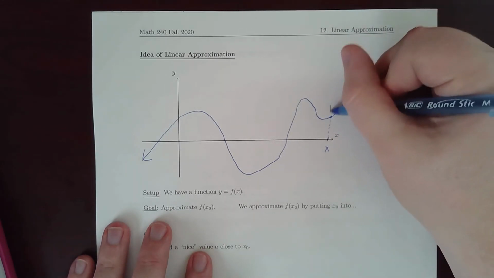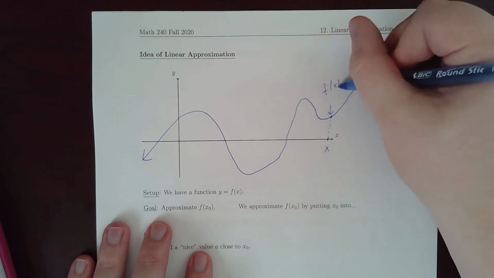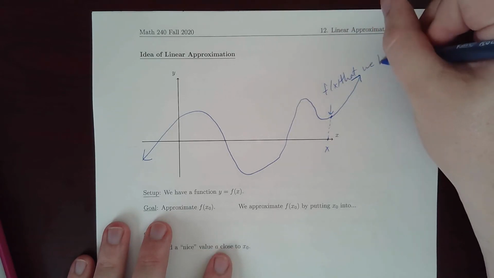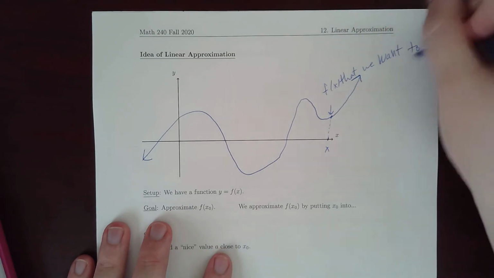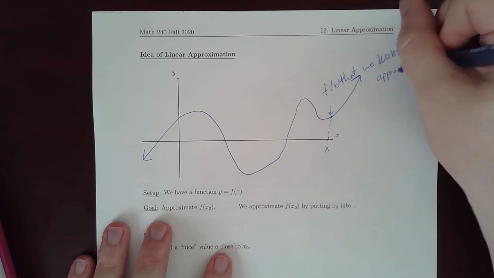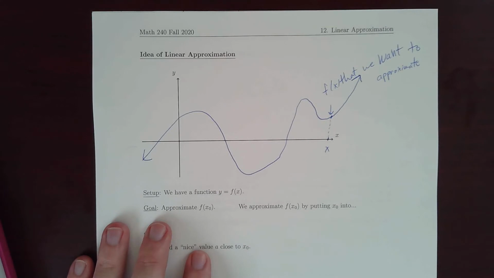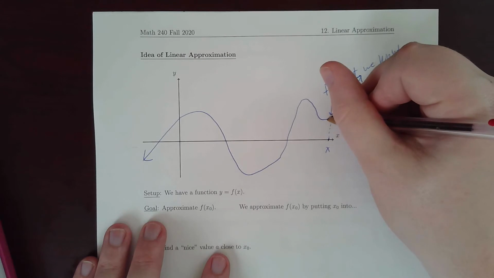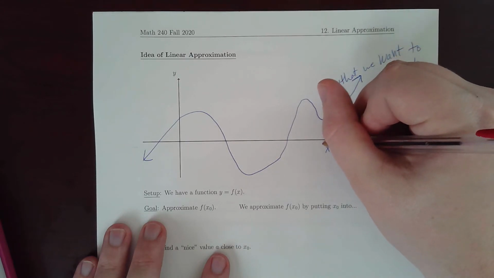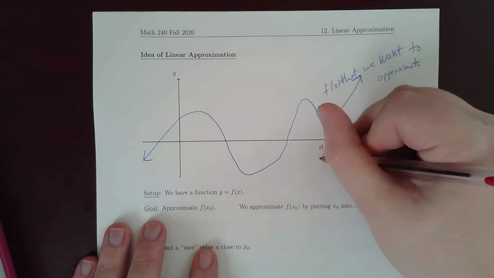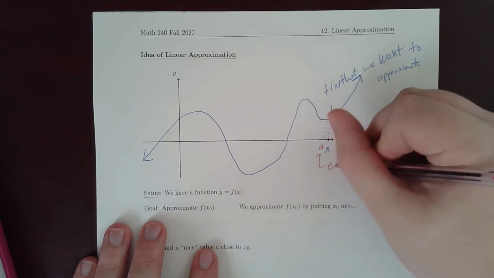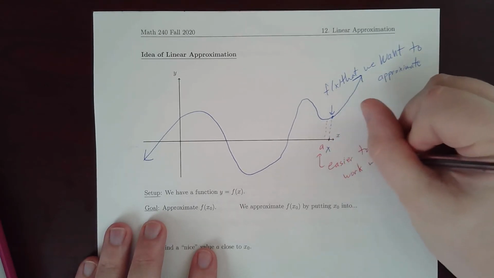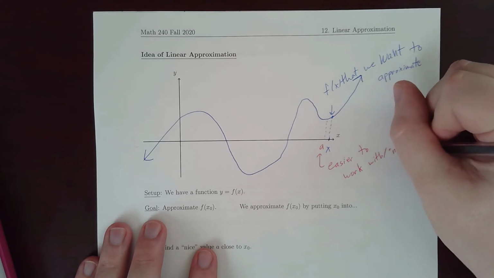So this is the f of x that we want to approximate. And what we'll have is some sort of value a that is close to that, that is considered easier to work with, or nice.